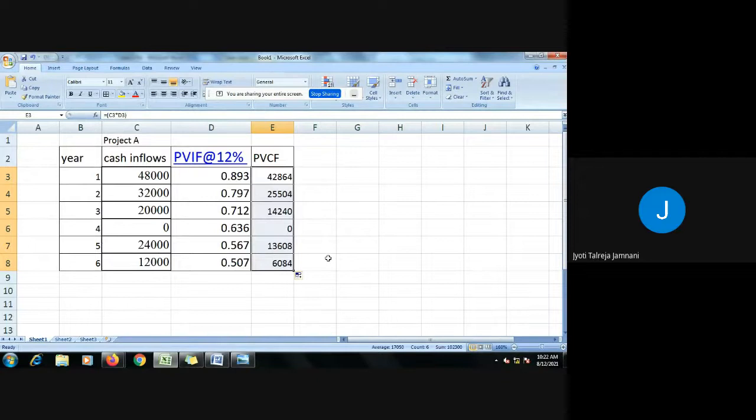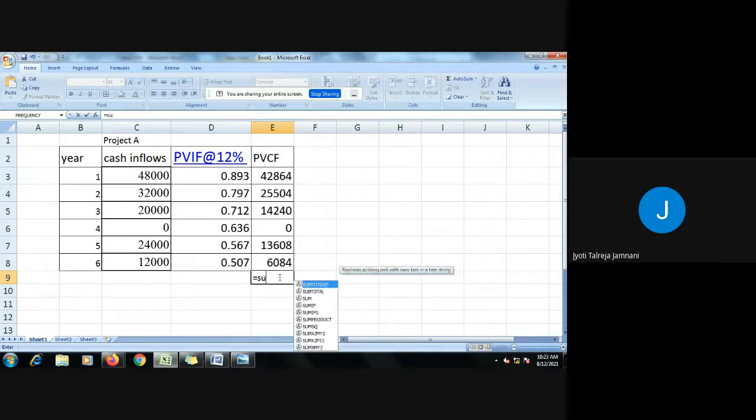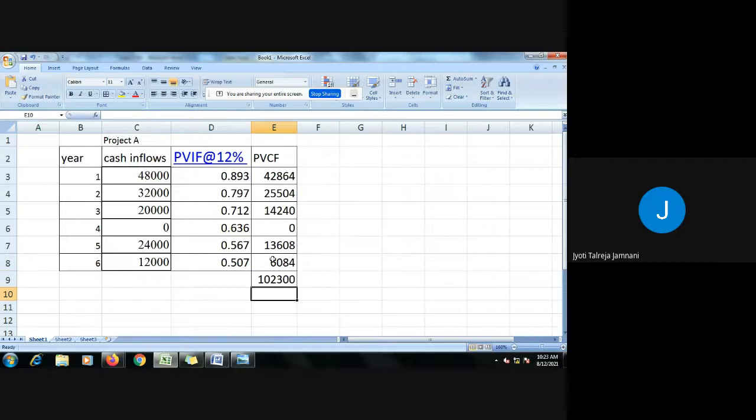Now we need to total all these present value of cash inflows. So once we find the total, we'll get the present value of cash flows. We'll add all these. 1,02,300 is the present value of cash flows.